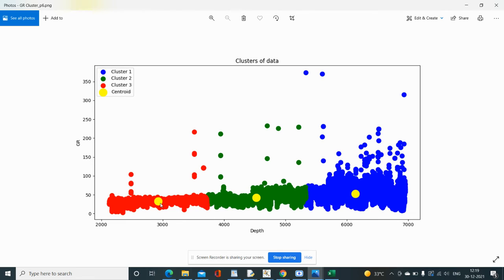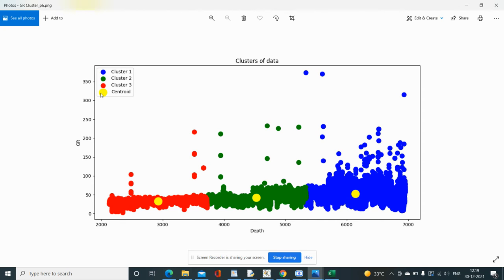Cluster centers are called centroids. So these data points are outliers. These outliers may be genuine or may not be genuine, depending on the expertise of the user.